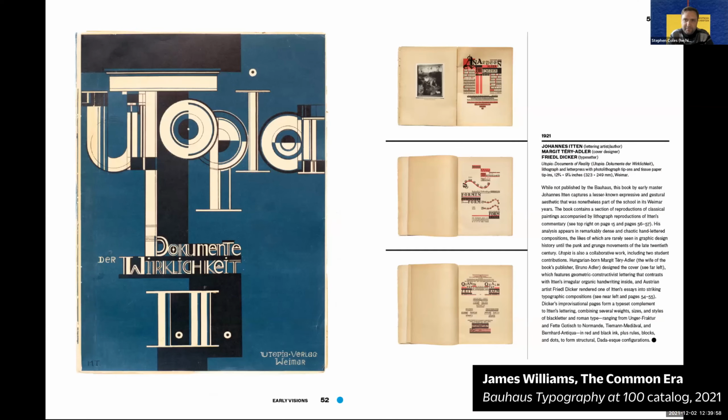Here's another interior page. You'll see that James Williams, who designed the catalog, is making some real judicious use of the weights of Bau and these rules, these thick and thin rules that were commonly used in the Bauhaus.